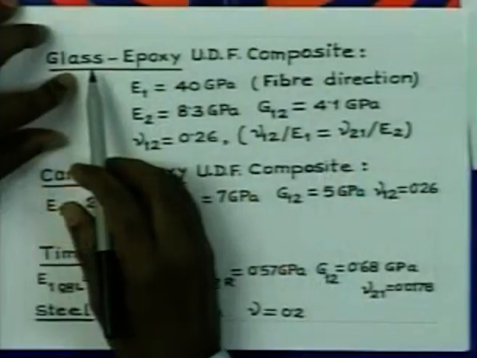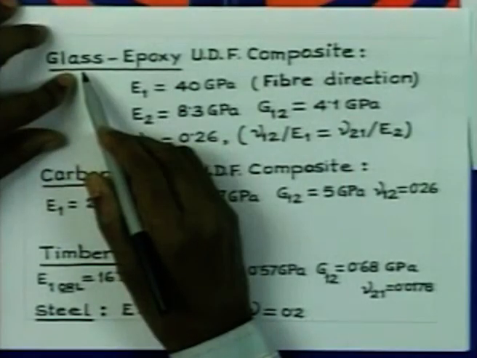Now you must be interested in knowing some idea about the order of magnitude of the properties of the materials which are anisotropic. So let us consider one composite, a unidirectional fiber composite which is made up of epoxy matrix and glass fibers.